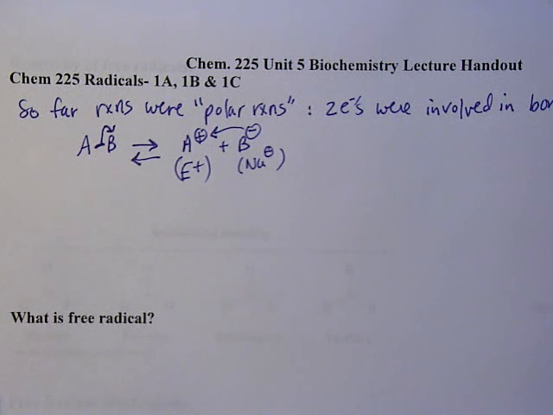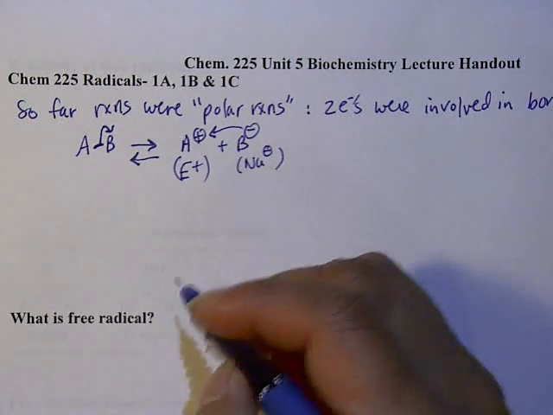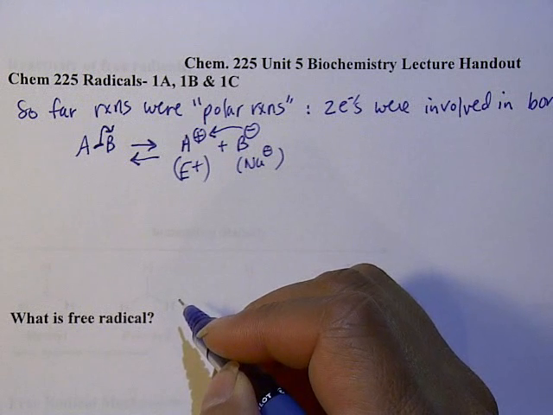So in order to understand free radical chemistry, we have to define what a free radical is, and then get a sense of the types of free radicals that are out there, and then compare and contrast the stability of these free radicals.